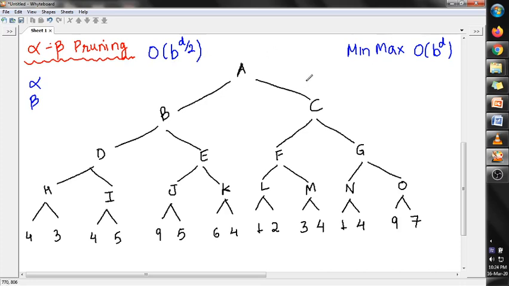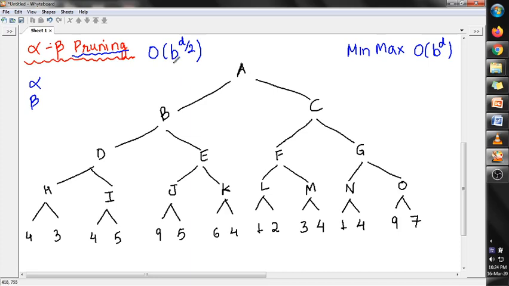So let us start the process of alpha beta pruning, and here I would like to discuss one thing. What is pruning? Pruning means the cutoff. Here in the min-max algorithm we explore all the possible paths, but in alpha beta pruning we cut off some of the less promising paths.